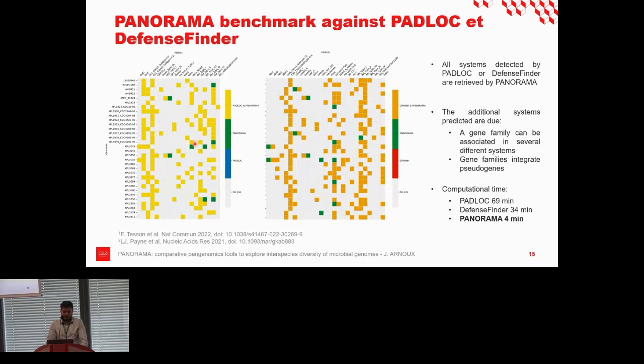But these additional predictions are linked to the fact that in PANORAMA, a gene family can be associated to several different systems, and that with the pangenome data model, the gene families integrate the pseudogene information. And we did the prediction of the systems 7 to 15 times faster than PADLOC or DefenseFinder.